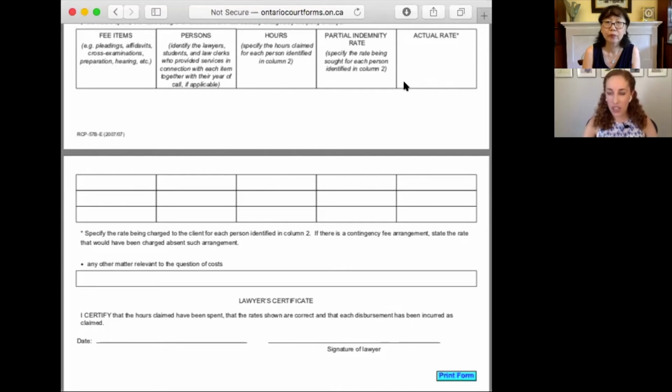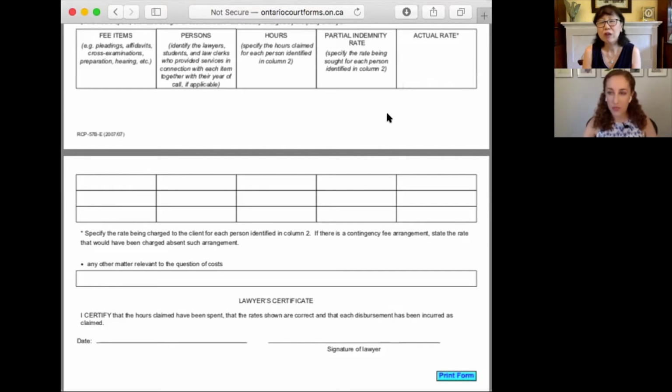It's somewhere in that range. It gets kind of confusing because the way it's defined under the rules of civil procedure is in reference to the tariffs. But the tariffs are no longer being used as mandates, as in it has to be followed exactly. The court has the discretion to award an amount.